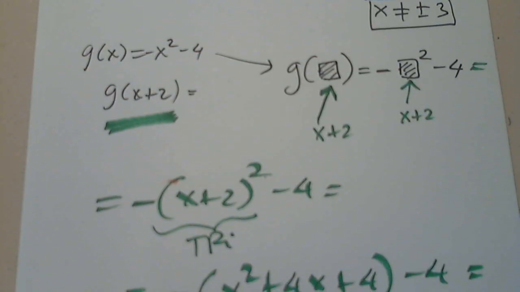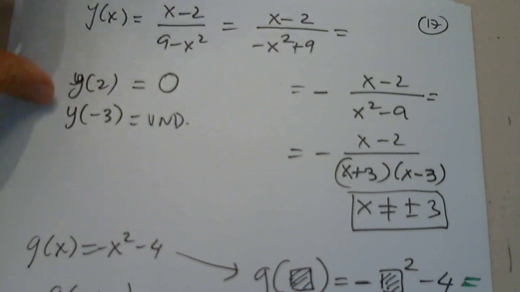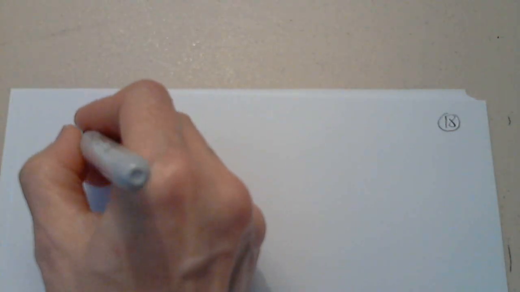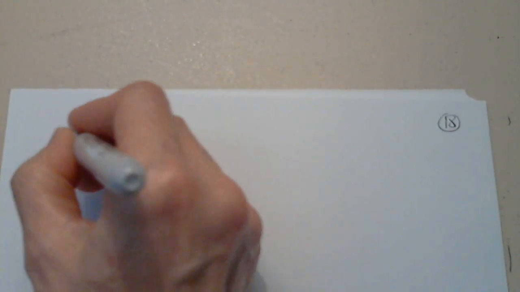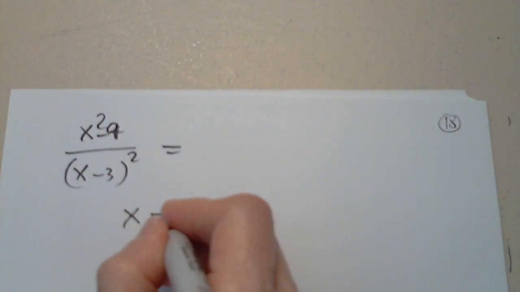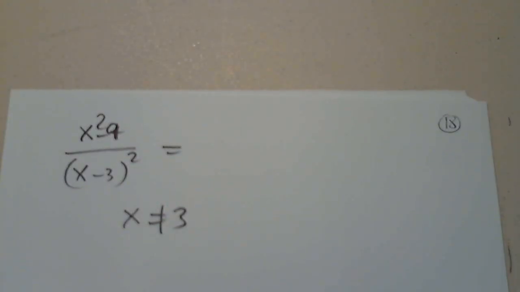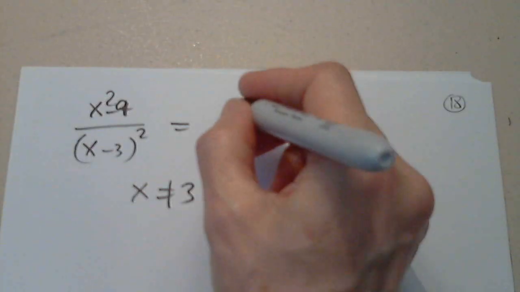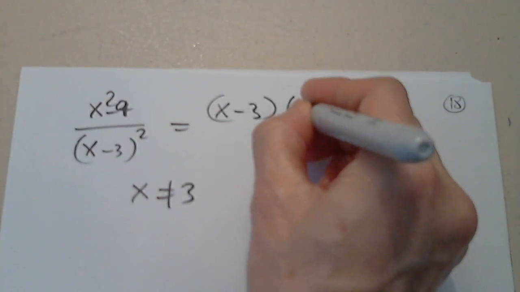So here, in order to simplify, you have to write x squared minus 9 over x minus 3 squared. You have to state that x cannot equal 3, as we discussed. You have to factor the numerator. It's a difference of squares.